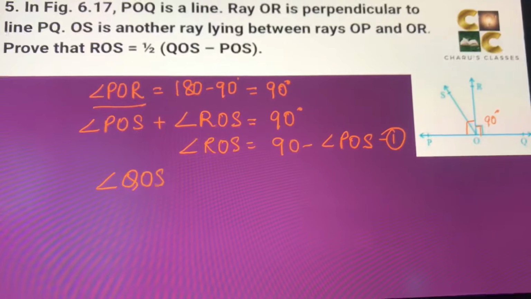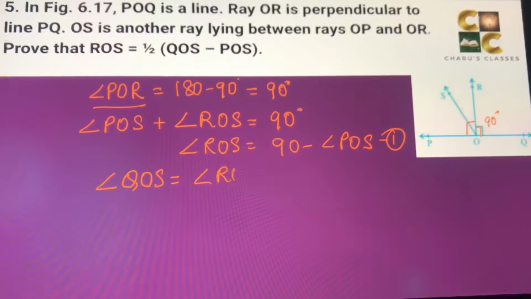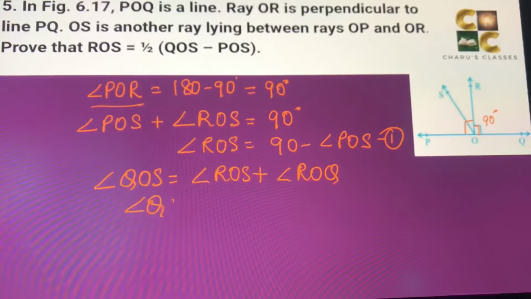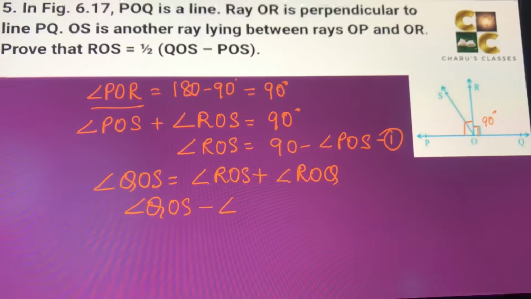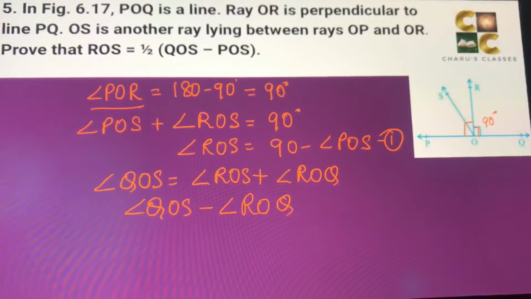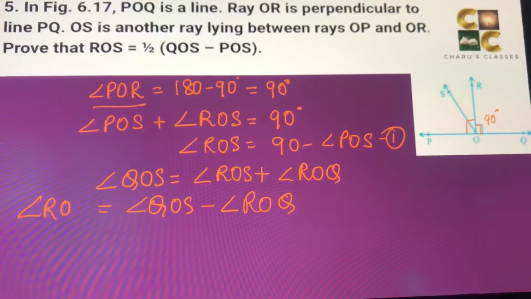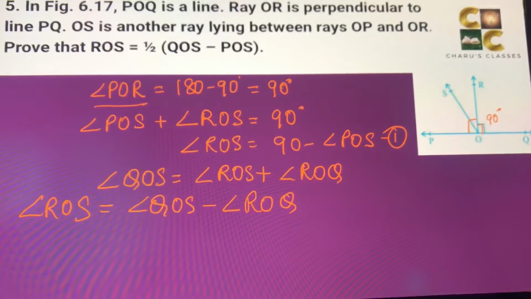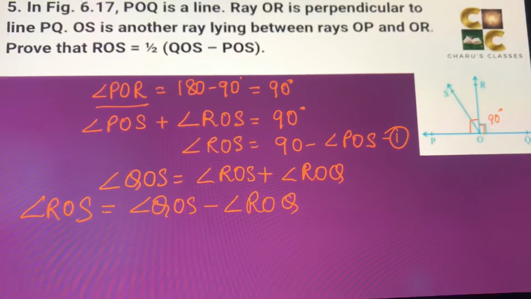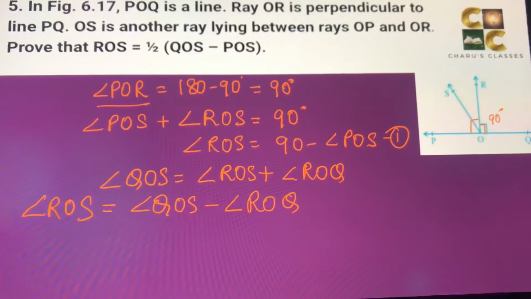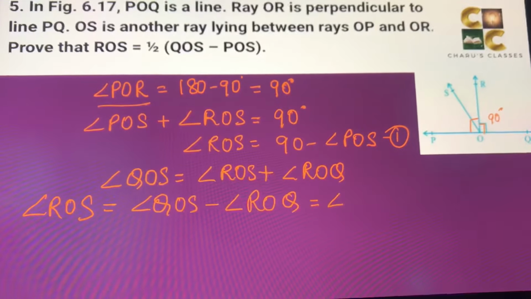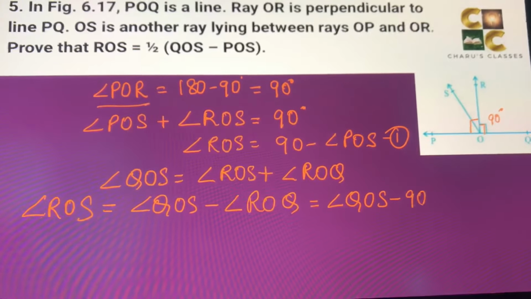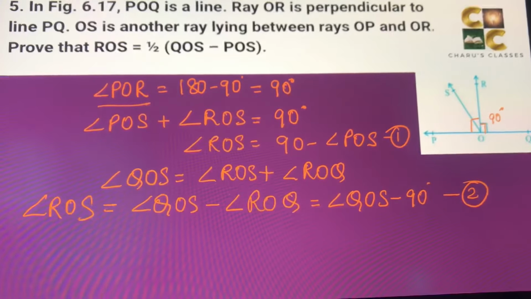So I can write angle QOS as the sum of angle ROS plus angle ROQ. Shifting ROQ to the other side, angle ROS is equal to angle QOS minus angle ROQ, or angle QOS minus 90 degrees. So this is my second equation.